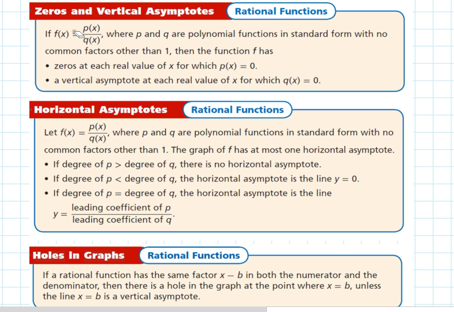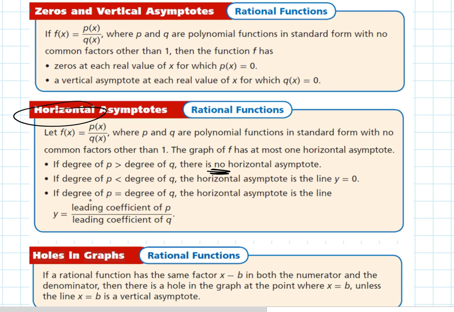The next thing on here is horizontal asymptotes, and there are three cases we have to consider. We've talked about these in class. We're talking about the degree of the polynomial, and we've discussed what that means. If the degree of the numerator is larger than the degree of the denominator, then there's no horizontal asymptote.